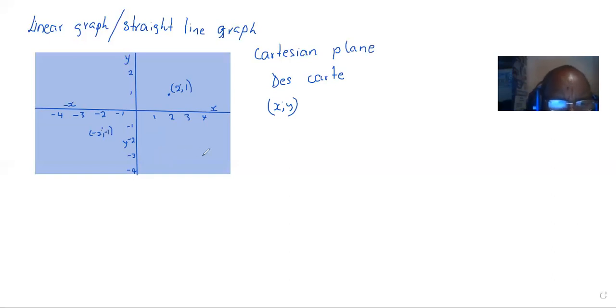And somewhere here, I'll have x is 4, y is -2. You will appreciate that I can go down that way and have my x there. I can come this way and have my y there.